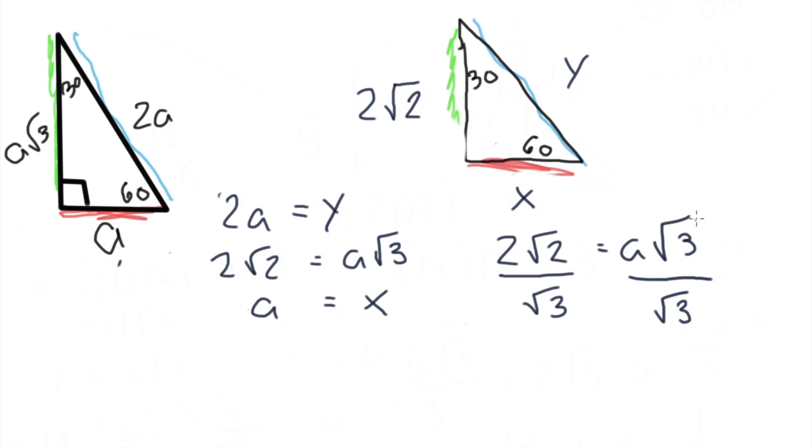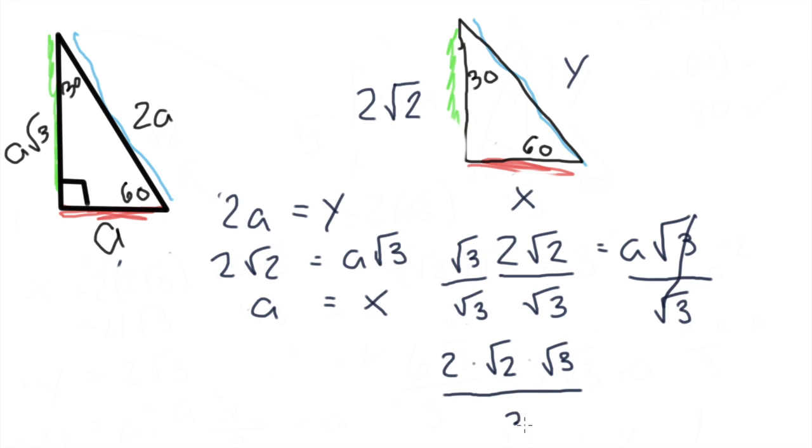Here they're going to cancel out, and we get a is equal to 2 square root of 2 divided by the square root of 3. Now we need to rationalize this equation because we don't want to have square roots in the bottom. We multiply both the top and the bottom by the square root of 3. That'll give us on top 2 times root 2 times root 3, over root 3 times root 3, which is 3.